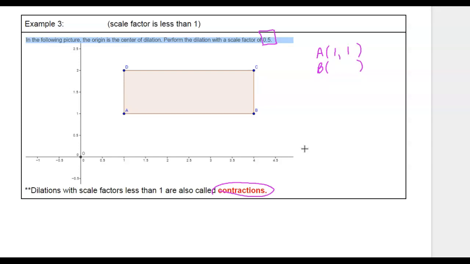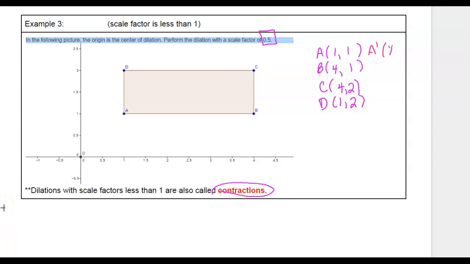This is a better graph because it has the little decimals for us, but B is at 4, 1, C is at 4, 2, and D is at 1, 2. Okay. So our new is we're going to take half of these.